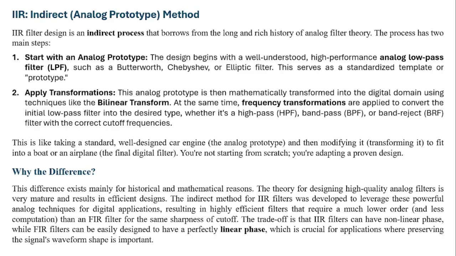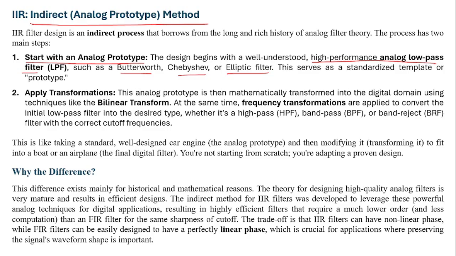On the other hand, the IIR filter is basically the indirect method of designing digital filters. Over here, we start with an analog prototype. Okay, the design begins with a well understood high performance analog low pass filter such as Butterworth, Chebyshev, and elliptic filters. These are different types of filter design methods.